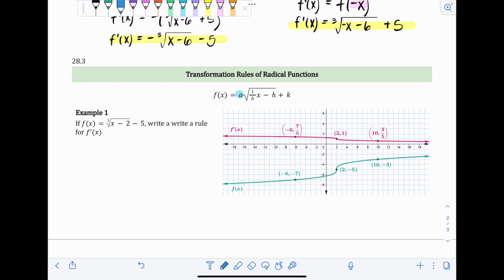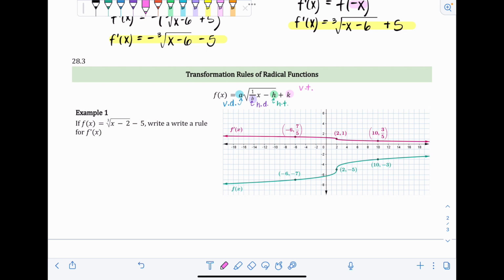So a is our vertical dilation. It can also be a reflection over the x-axis. B is our horizontal dilation. H is our horizontal translation. So if we're shifting left or right. And then K is our vertical translation.